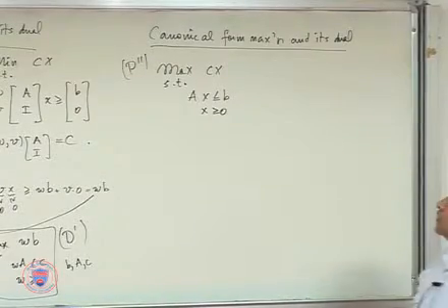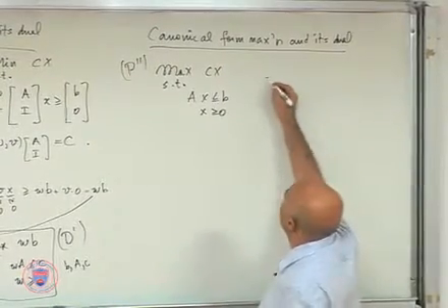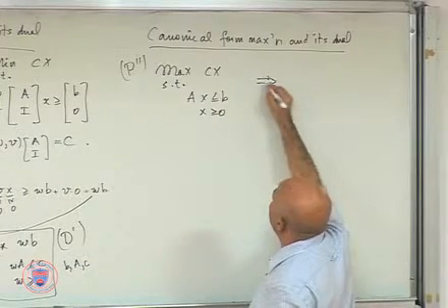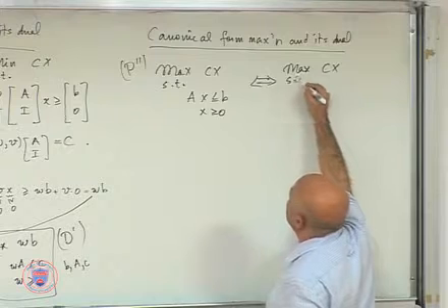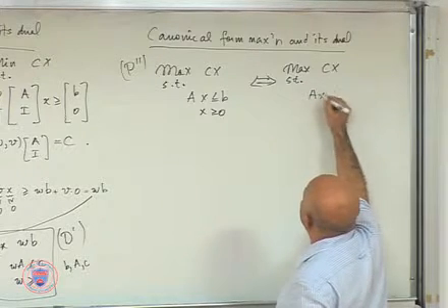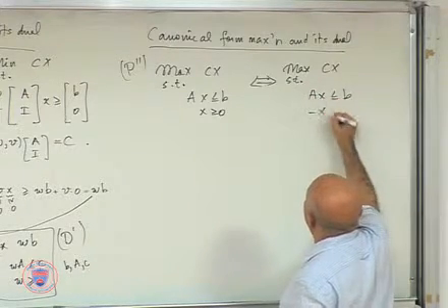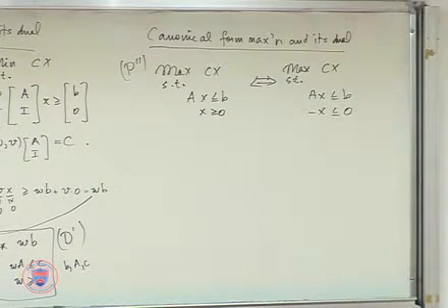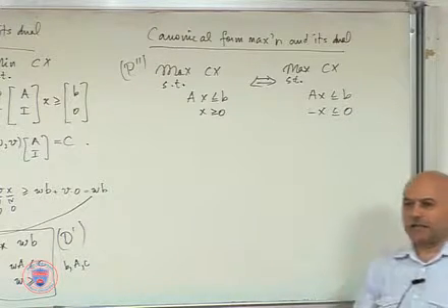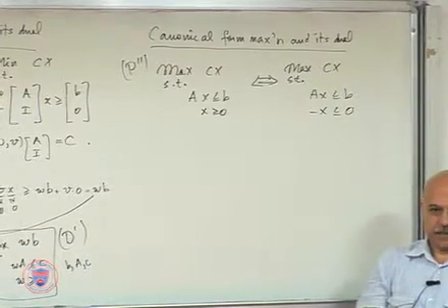That's your canonical form maximization, which can be rewritten as maximize CX subject to AX less than or equal to B, minus X less than or equal to 0. I want to make all the constraints of the same sense. That's why we're bothering with that.